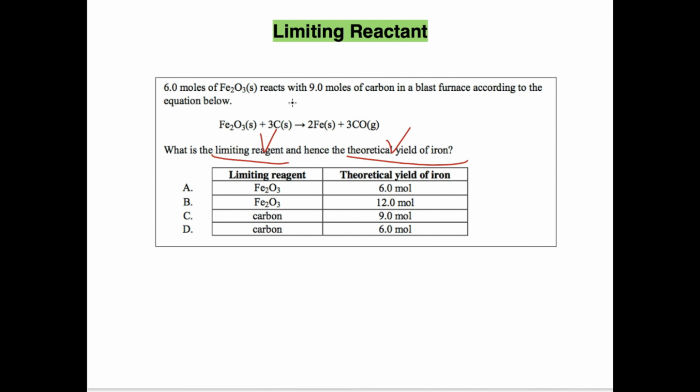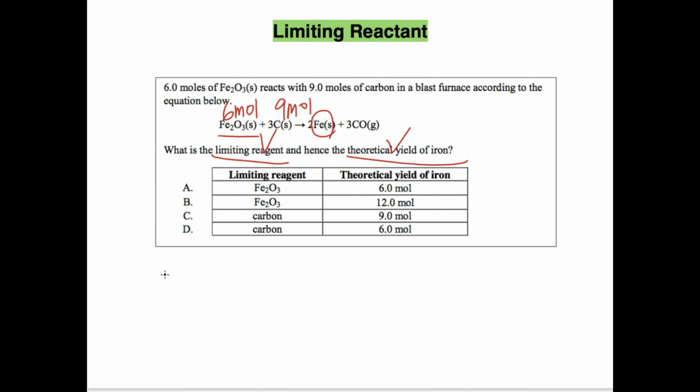So first, we know that 6 moles of Fe2O3 reacted with 9 moles of carbon. The products are iron and carbon monoxide. First, we need to determine what the limiting reagent is. So, using mole ratios, I'm going to determine how much iron Fe2O3 produces.